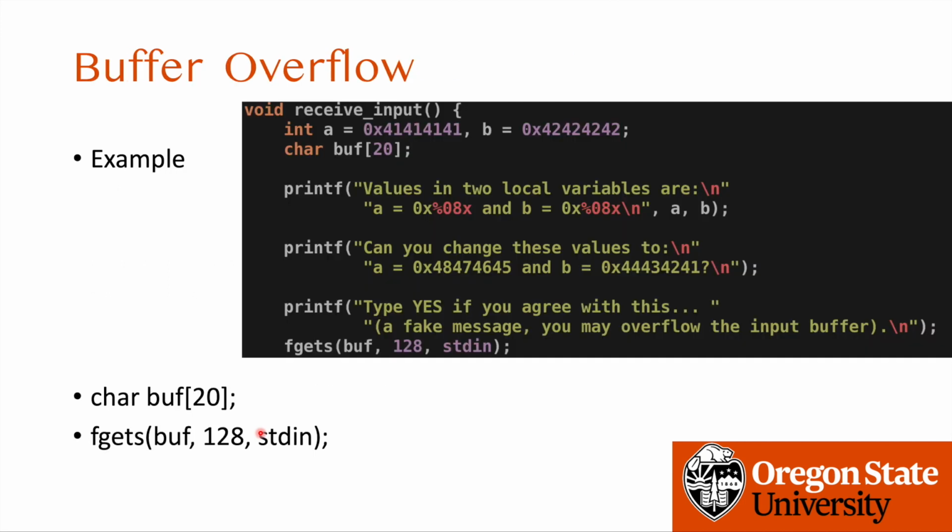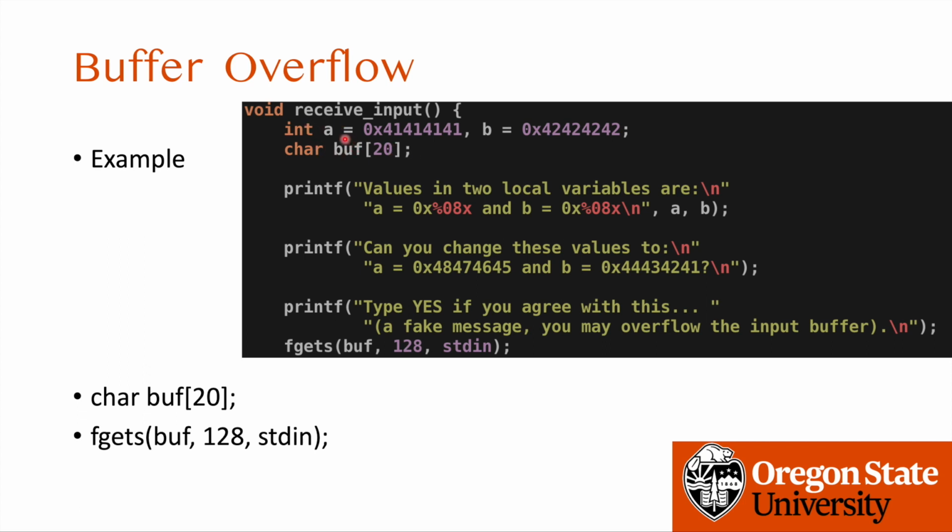Next, we just learned about how the stack works, and next, let's learn about what the buffer overflow vulnerability is. The code in the figure shows an example of a buffer overflow vulnerability. This is the same code that we have in the BOF level 0 challenge, so please refer to this slide when you solve level 0.